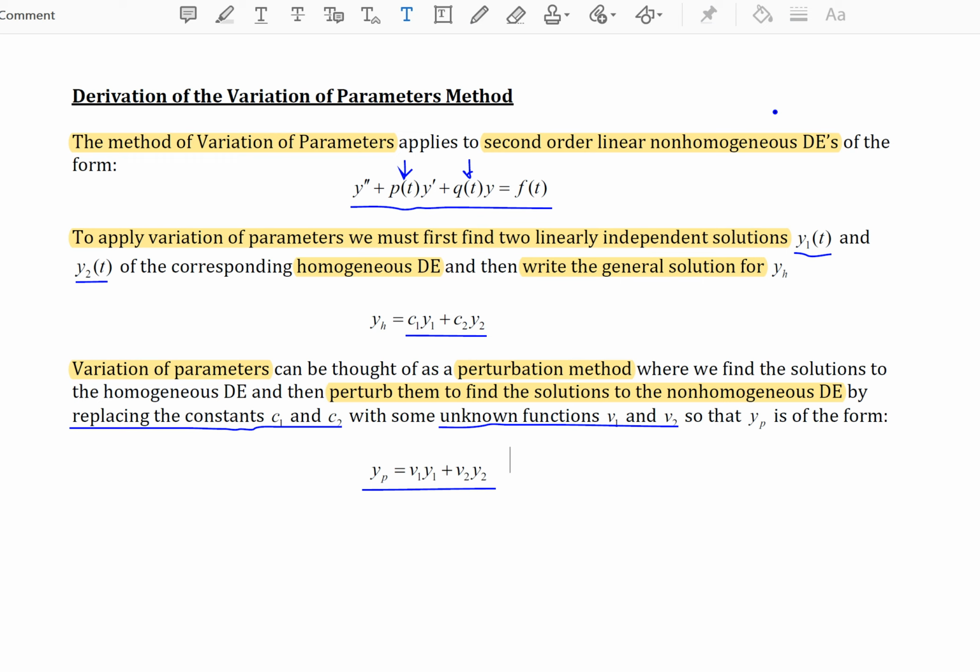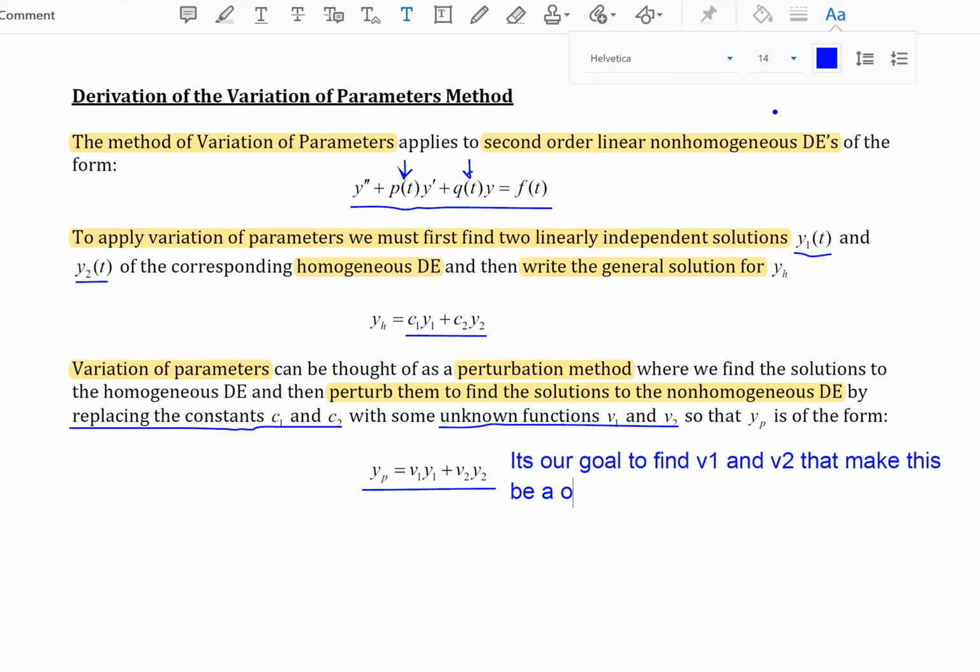Here, it's our goal to find v1 and v2 that make this a particular solution. That's what our goal is going to be. Now, how I do this should seem familiar to you, because we're proposing this as a solution.